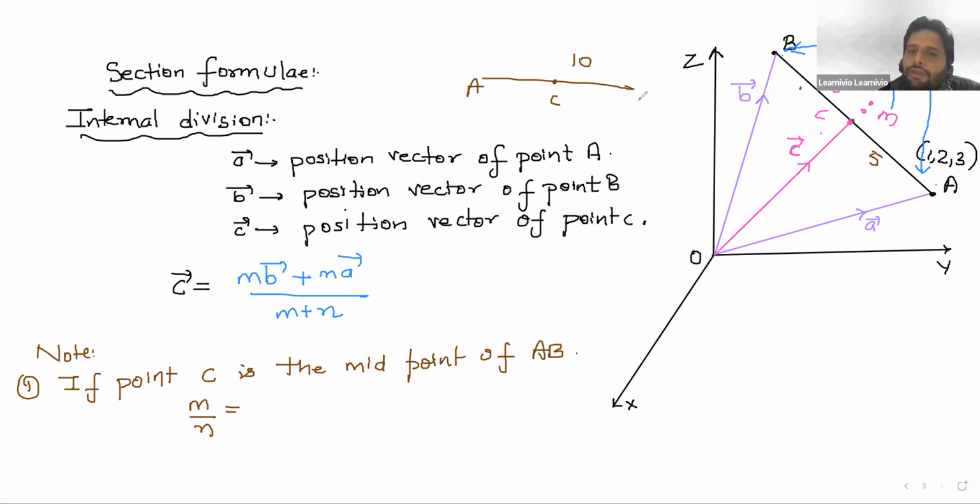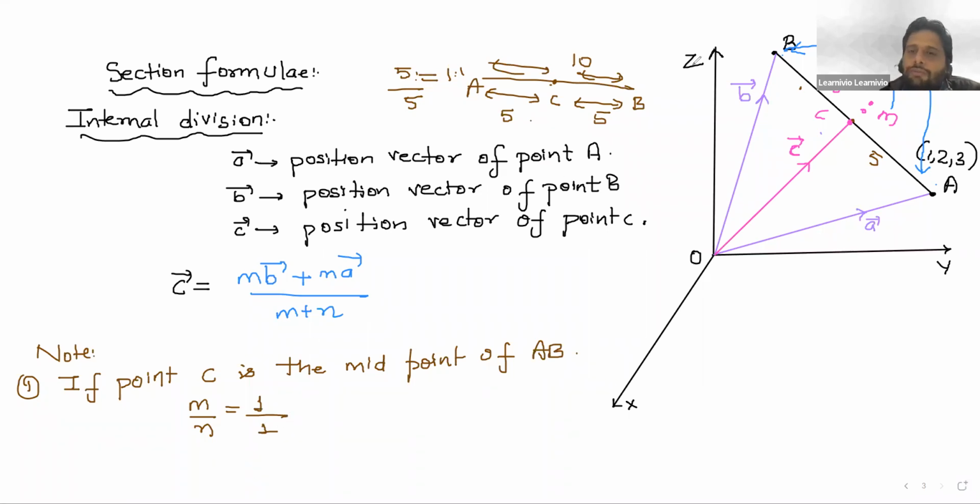This is A, this is B. Then if this is 5, what is this? Rifat, this is also 5. If C is the midpoint, then this distance and this distance will be the same. Then what will be the ratio? 1 is to 1. So if C is the midpoint of AB, then M by N is equal to 1 by 1.